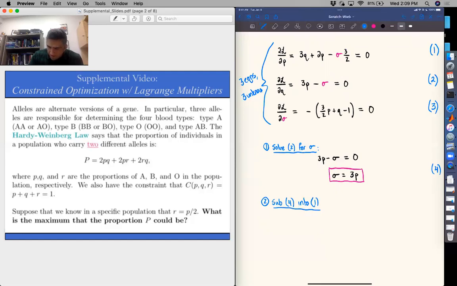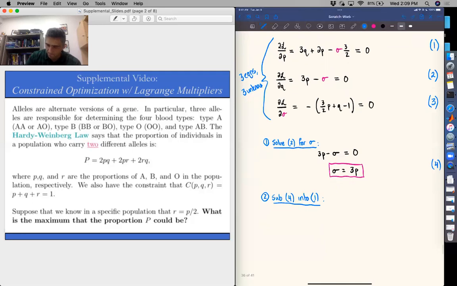In other words, we're just going to substitute what we just found for sigma into sigma from equation 1. So we have 3Q plus 2P minus 3 halves sigma equaling 0. And we know what sigma is in terms of P, so we can substitute that in directly. So we have 3Q plus 2P minus 3 halves times 3P equaling 0.